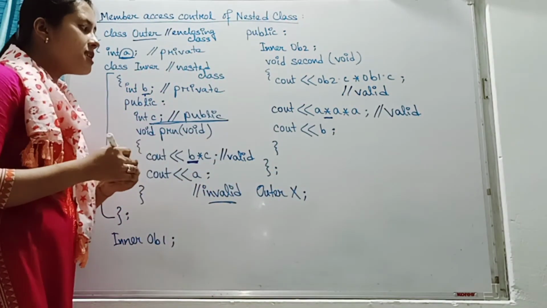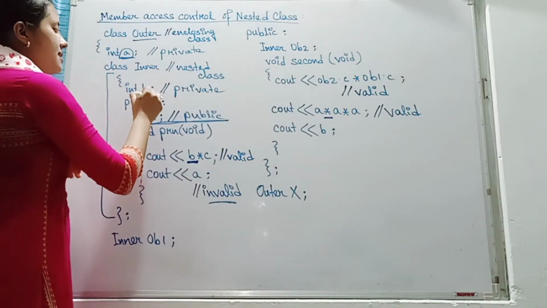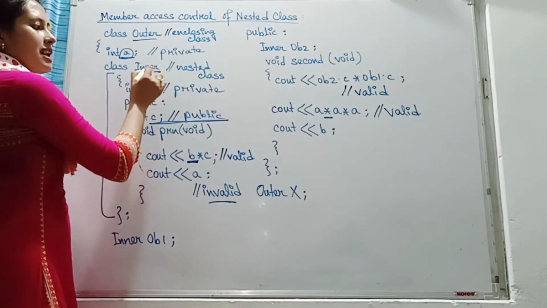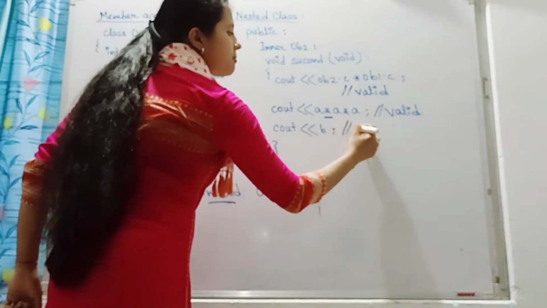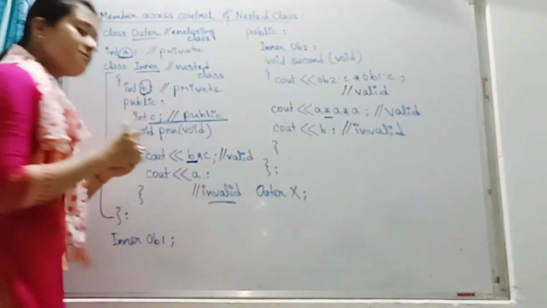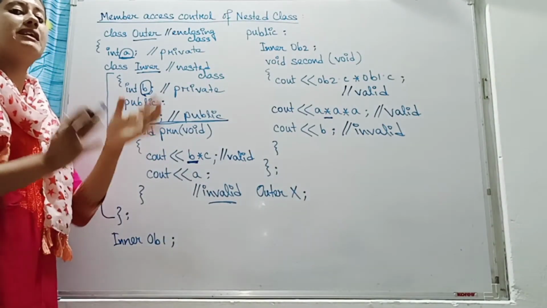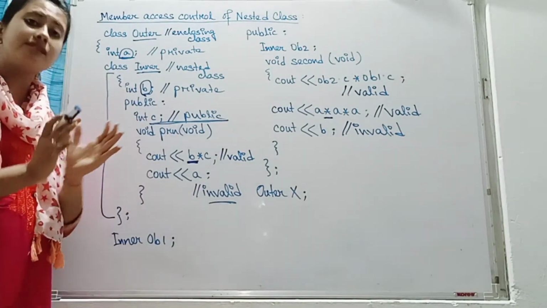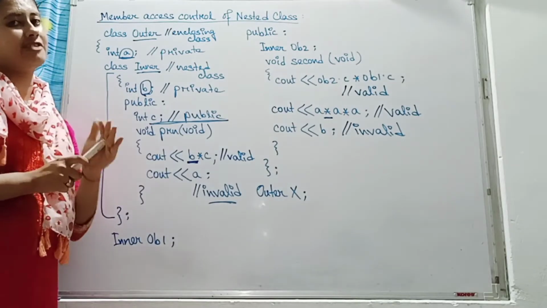But come here, when we have written cout B, since B is the private member of the inner class but now we are defining the outer class, this will become invalid. Understood? So always remember that a private member can be accessed only in the particular class in which it is defined.